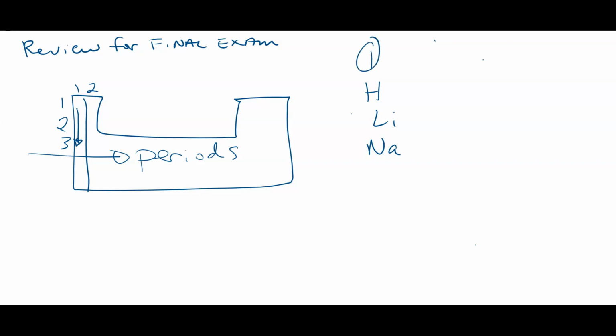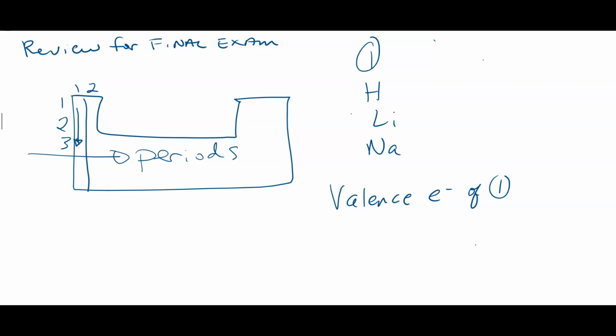These are a family, also called a group, and they act the same way. And they're all in group 1, so they have a valence electron on the outermost shell of 1. So group 1 has 1 valence electron in its outermost shell.